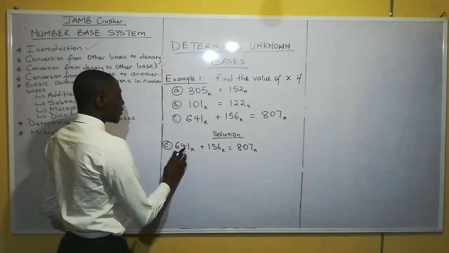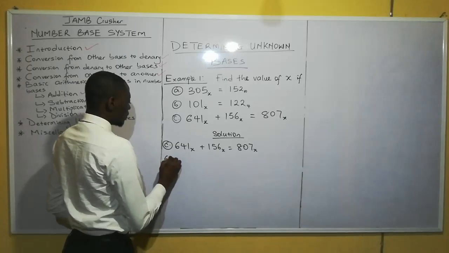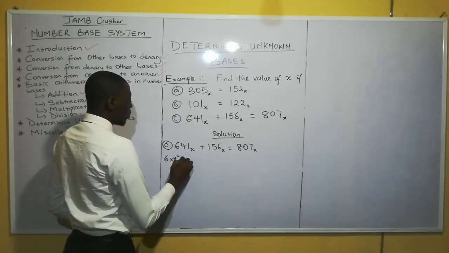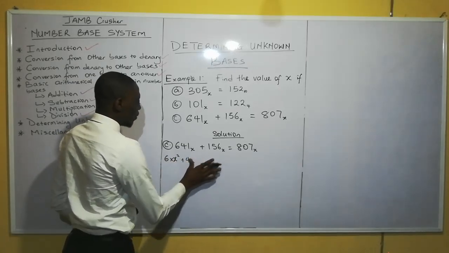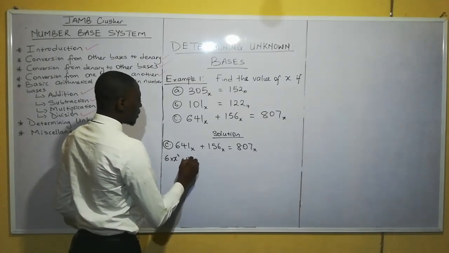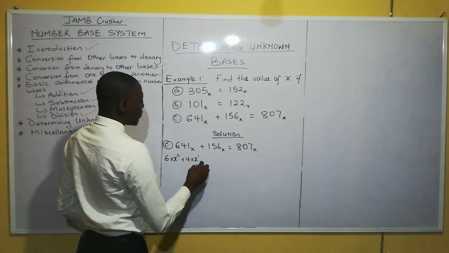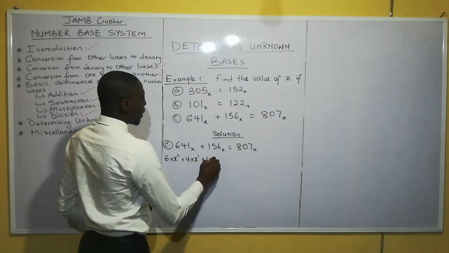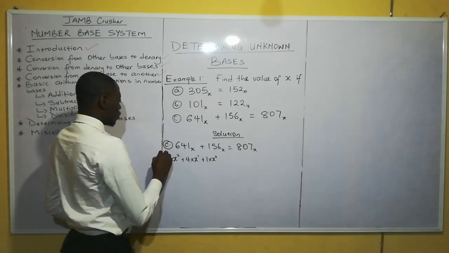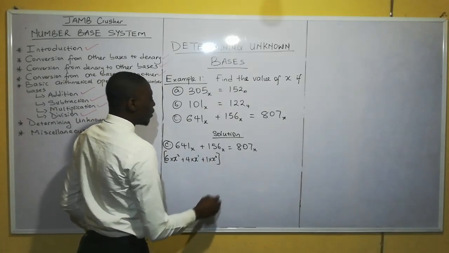So for this, I have 6 times x raised to power 2 plus 4 times x raised to power 1 plus 1 times x raised to power 0. That's for the first one. Let me put it in the square brackets.